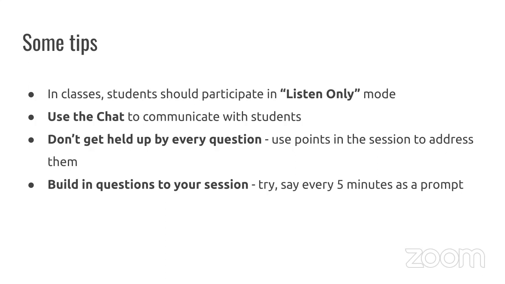If you want them to use the mic mode, that's perfectly fine, but that's more a case for when you're doing group-based sessions, or the equivalent of when you break students out into groups in the face-to-face environment.